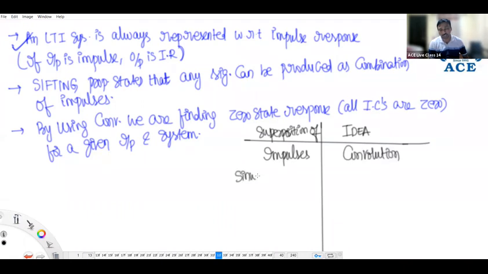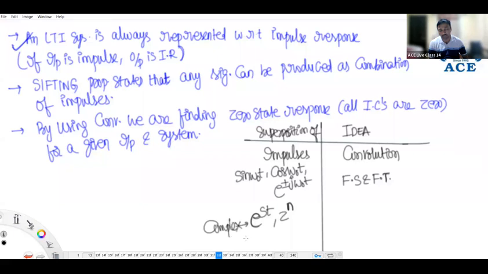Superposition of sine terms, cos terms, and complex sinusoids has given the idea of Fourier series and Fourier transform. Superposition of complex exponentials, e power st and z power n, has given the idea of how to perform Laplace and Z transform.